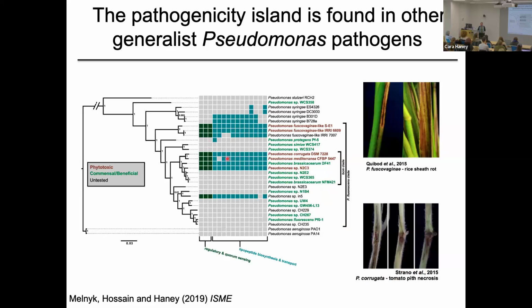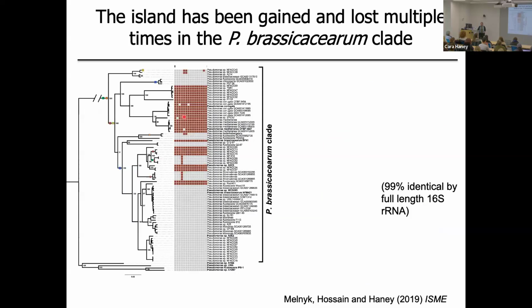It's just been kind of appreciated that these were fluorescens strains and not other Pseudomonas. It looks like the transfer based on this tree has happened at least twice. So we wanted to zoom in on this particular group to see if this was just one horizontal gene transfer event. And it turns out that it's been transferred multiple times.